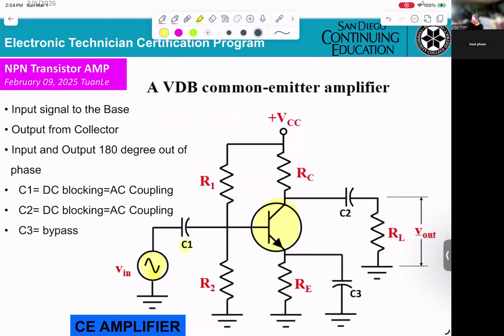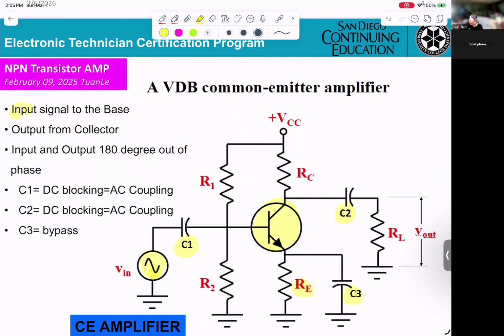You see the C1 capacitor, R1, R2, the RC collector resistor, the RE emitter resistor, and you get C2 and C3. Try to see what's going on here.